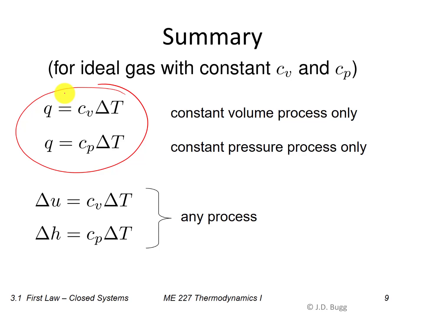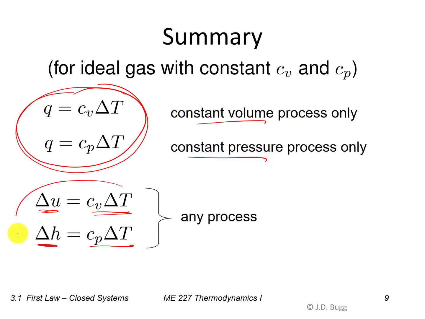Now, if we're calculating delta U or delta H using Cv delta T or Cp delta T, we can apply that to any process. So these are only valid for constant volume and constant pressure, whereas these are valid for any process as long as it's an ideal gas with constant specific heats.